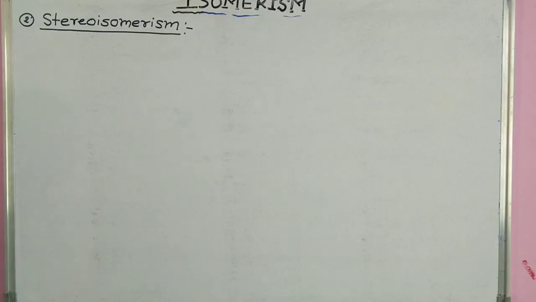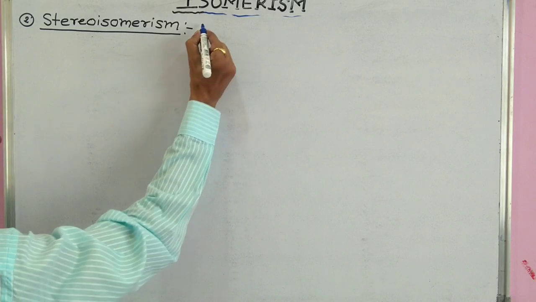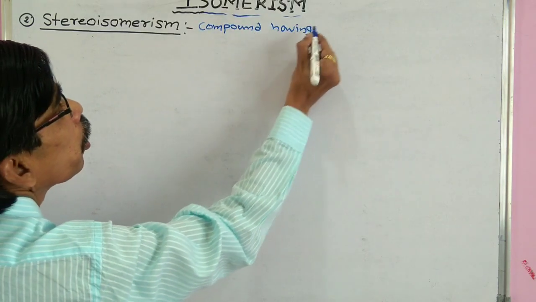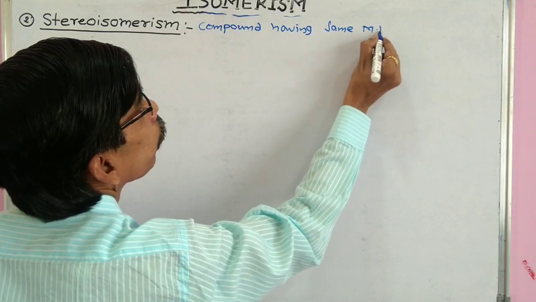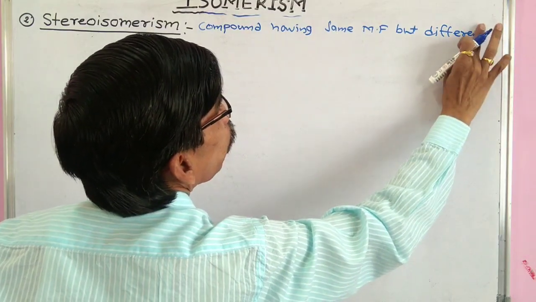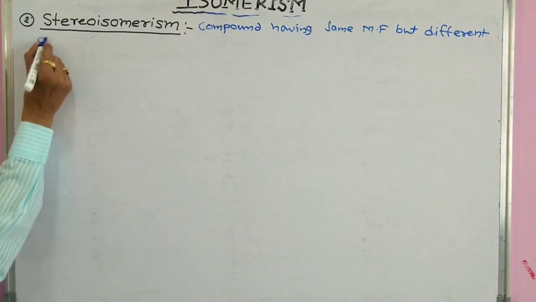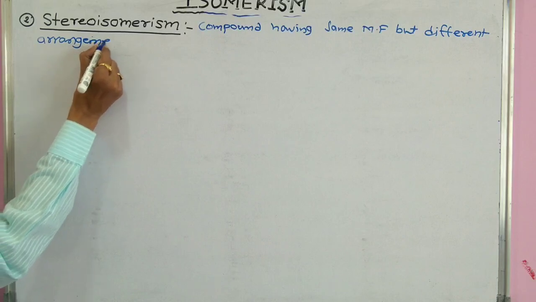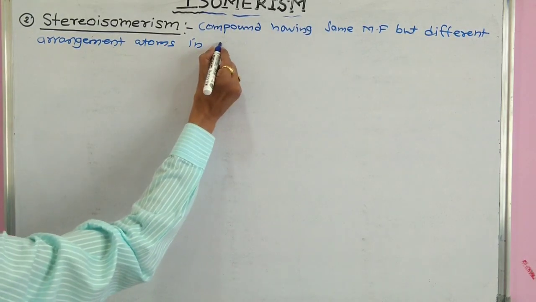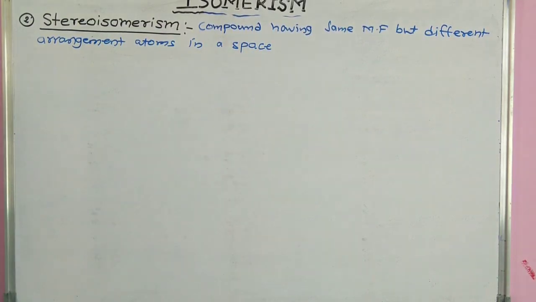So what is stereoisomerism? Compounds having the same molecular formula but different arrangement of atoms in space is called stereoisomerism.